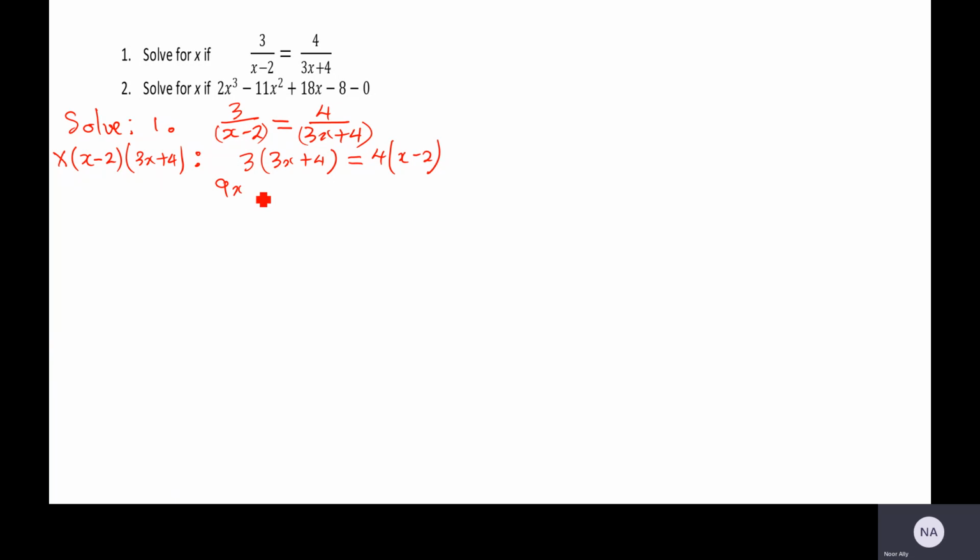That's 9x plus 12 is equal to 4x minus 8. And just going to cut down on some steps. Minus 20, I get x is equal to 4. So there is your solution.